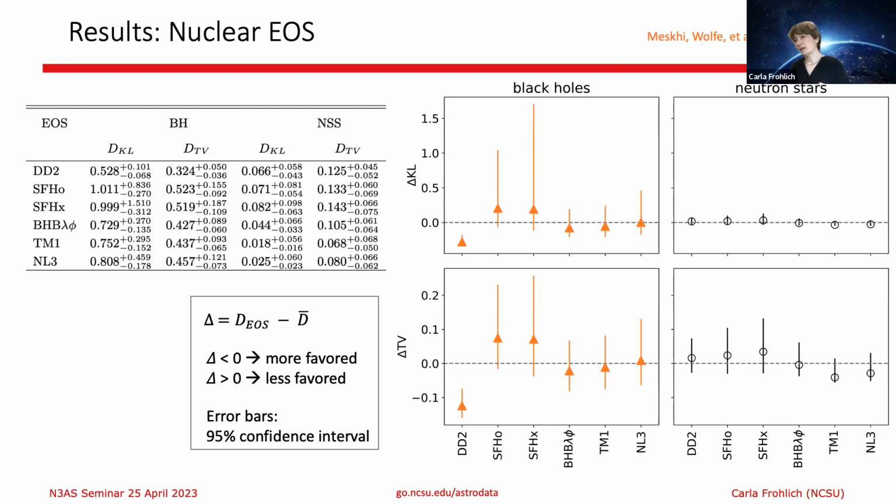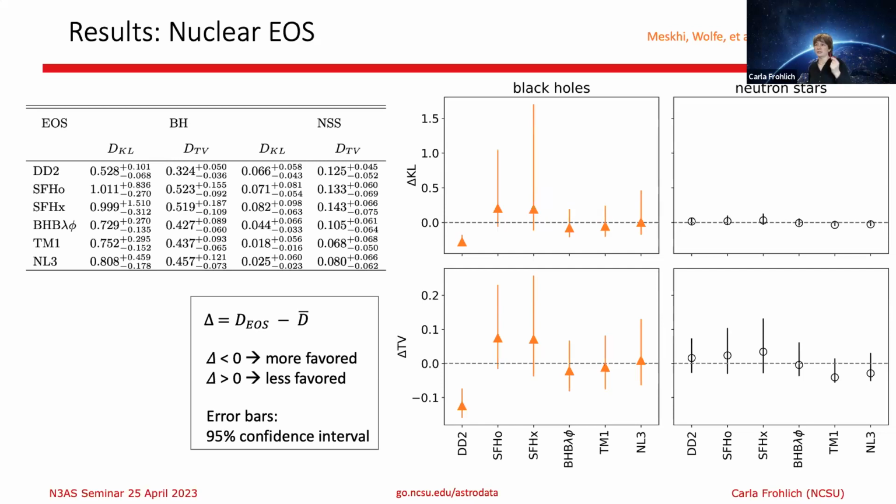But instead of reading the numbers, we also display them on the right in a way that should guide your eye. So the left column is black holes, the right column is neutron stars, the top row is KL divergence, the bottom row is the TV distance.